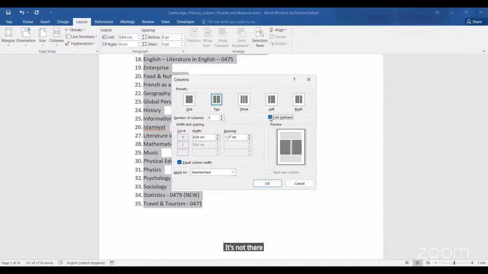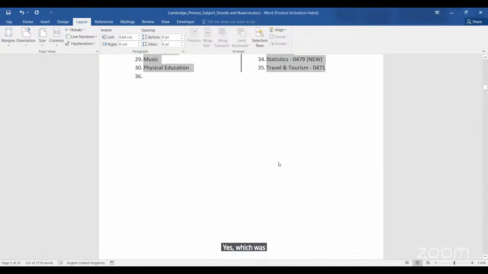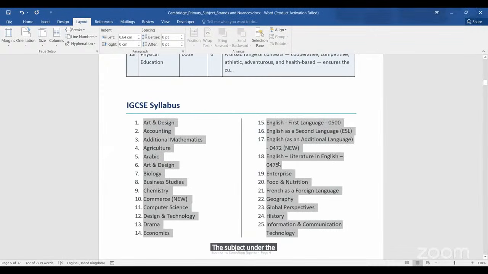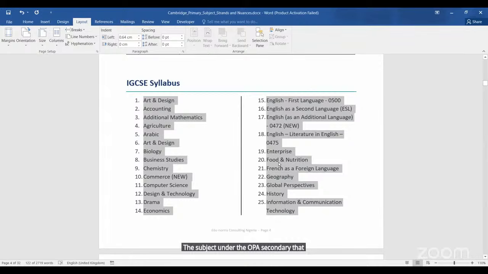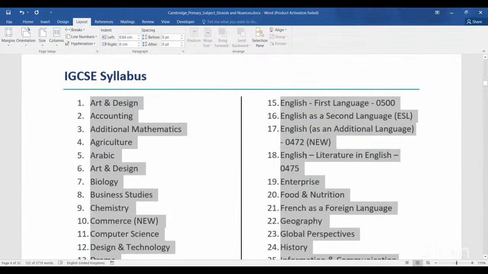Quickly, let me show us the subjects under the upper secondary that are related to Nigerian context. They are on the screen.